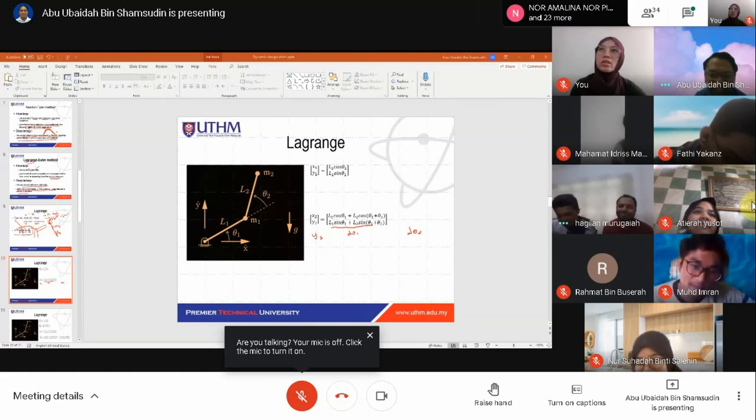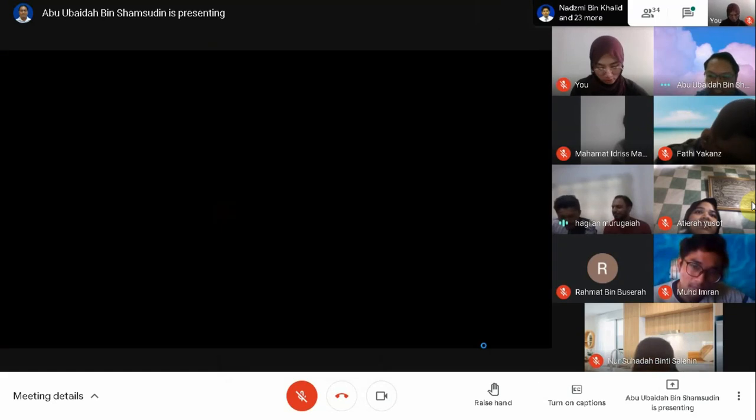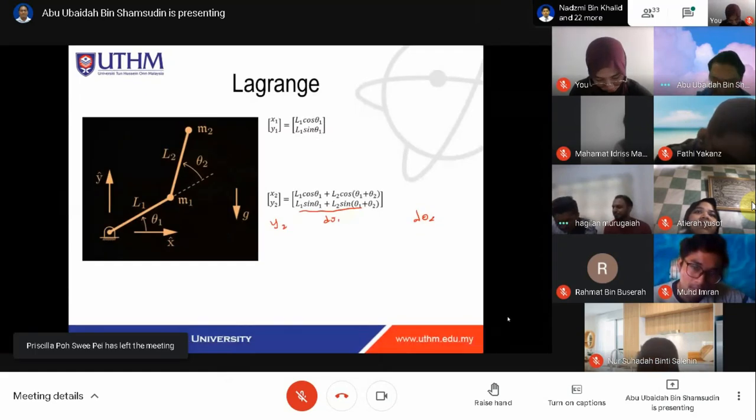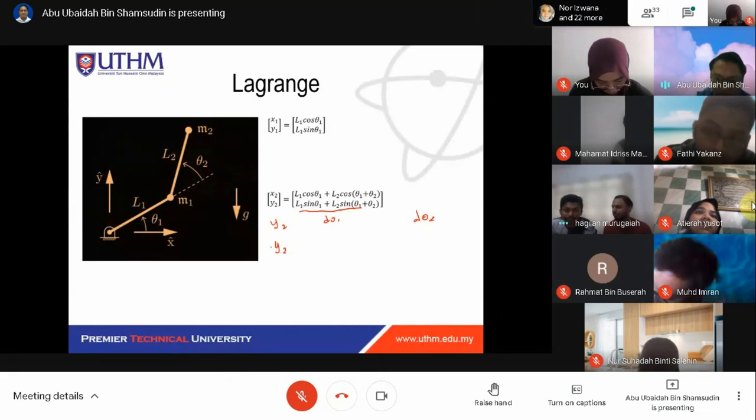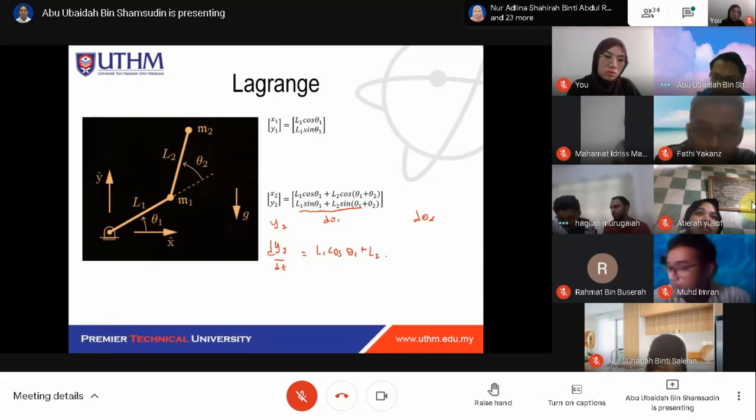For theta 1 it is L1 cos theta 1 plus L2 cos (theta 1 plus theta 2), doctor. Okay, just a second. Raj, you are very fast. Again, L1 cos theta 1 plus L2 cos (theta 1 plus theta 2), doctor.